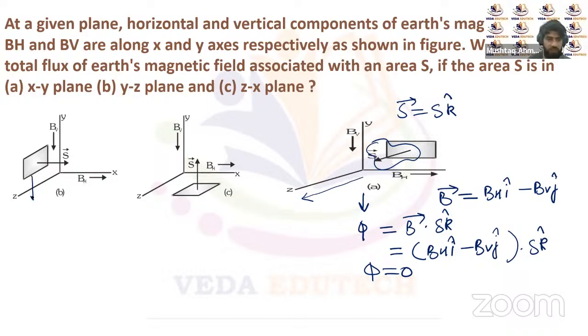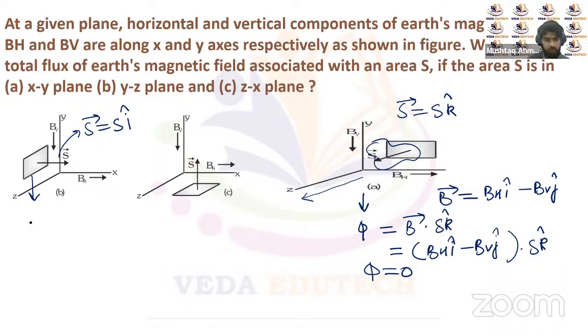You can see that here, this S vector is along the X direction. We can say that this S vector can be written as magnitude of S directed along the plus X direction, so we can write it as S i cap.